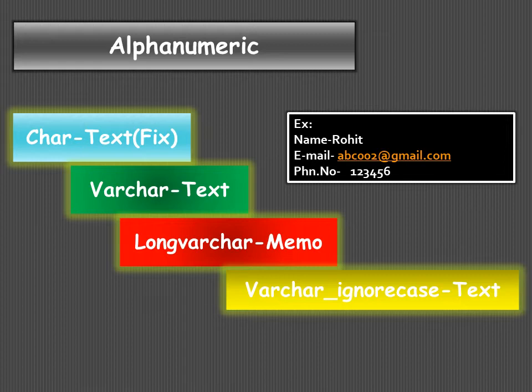If we say email, which is a combination, like ABC002, then it is a combination of text and numeric data. Still it will be able to store this type of data also. Similarly, for the next example, I have a number like 1 2 3 4 5.